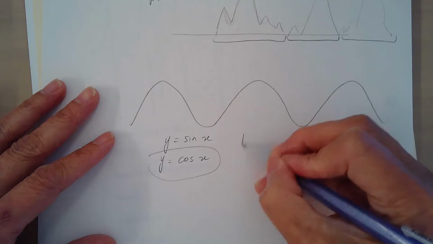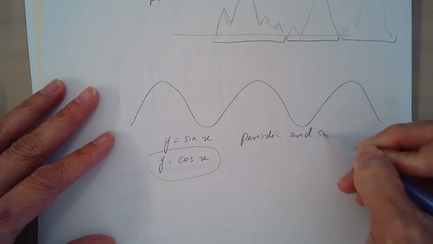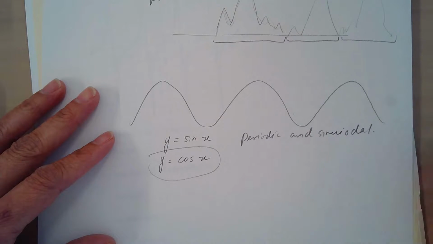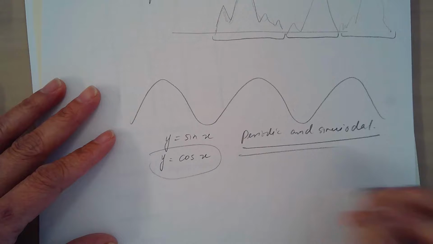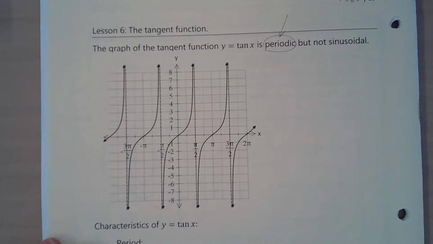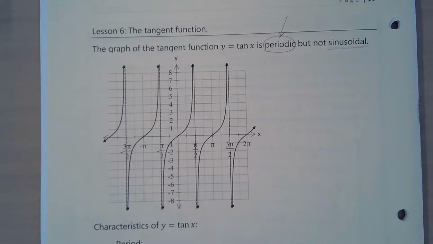So this one is periodic and sinusoidal. The tangent one is periodic because it repeatedly gets repeated, but it's not the same wave that we are used to seeing.